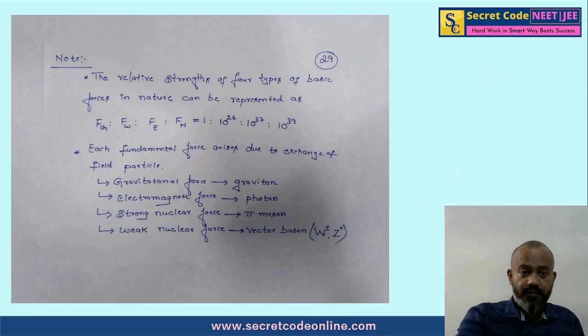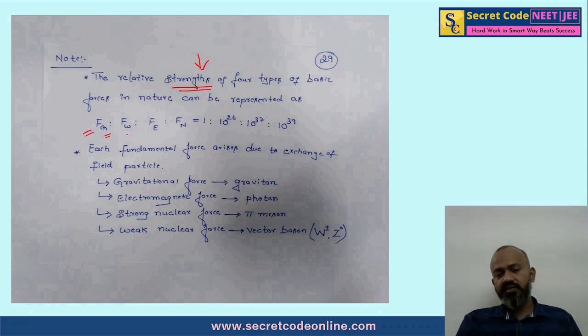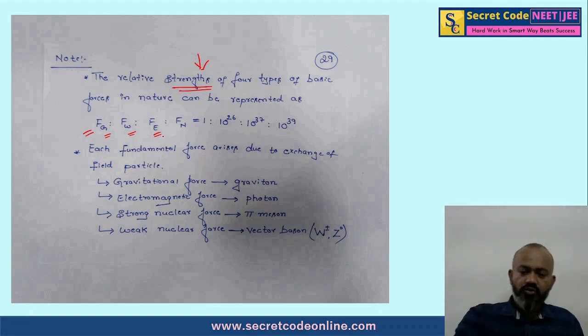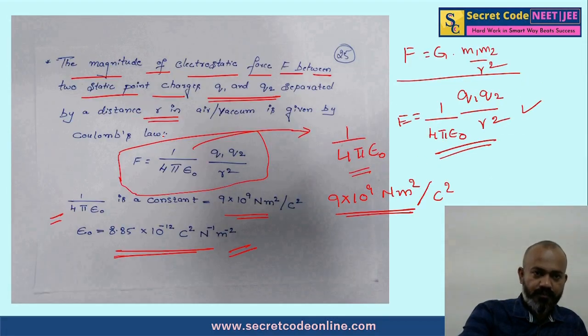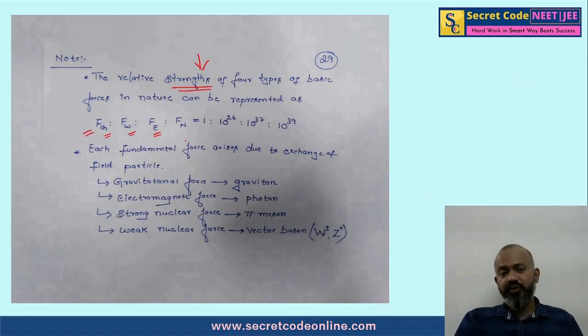Okay, the next point. If you want to compare the strength, not range, I am talking here about strength. If you want to compare the strength of the fundamental forces, Fg means gravitational force, Fw means weak nuclear force, E means electromagnetic force and N means strong nuclear force.